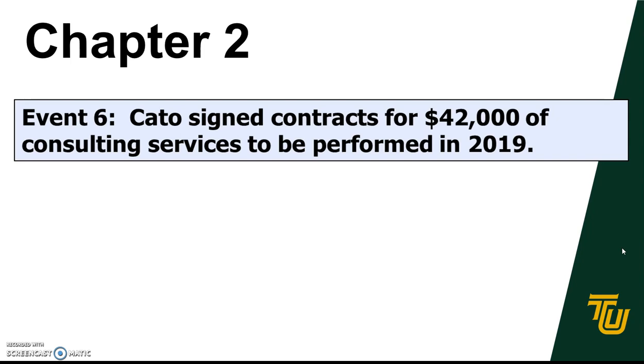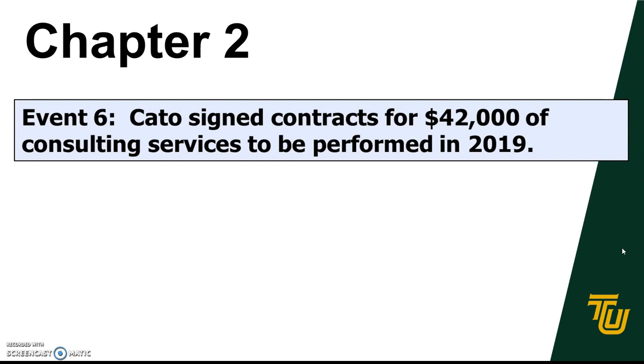This could be similar to when you read in the newspaper that LeBron James signs a big contract with the Lakers. Until he performs in the games, until time passes where he actually earns his pay, there's no transaction that we need to record. There's no liability to the Lakers. There's no expense to be reflected related to that.